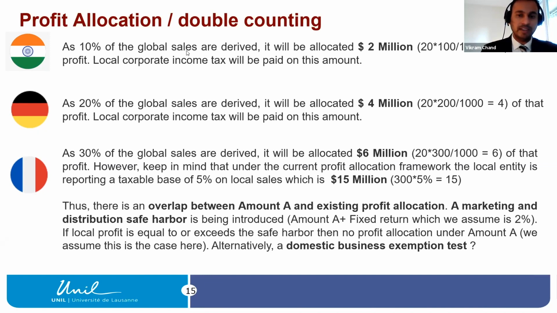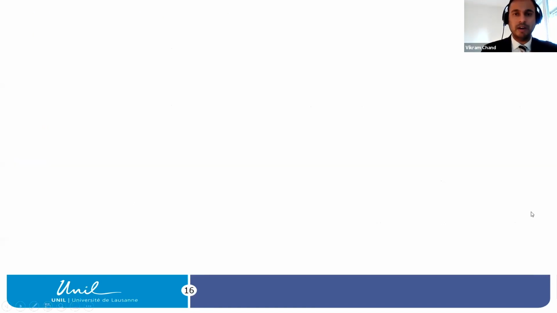And we assume this is the case here. Alternatively, a domestic business exemption test has been contemplated. But as we've seen in the public consultation, this test did not get a lot of backing, and I think the focus is more on the marketing and distribution based safe harbor.